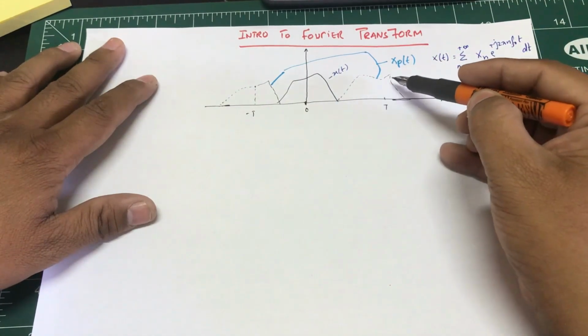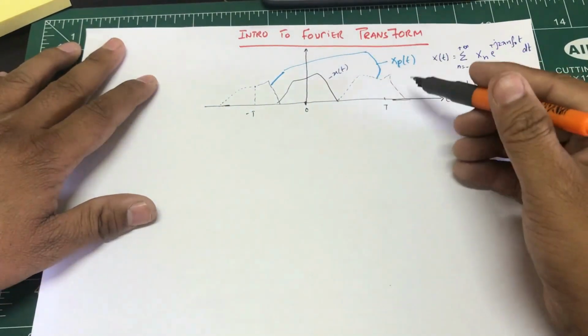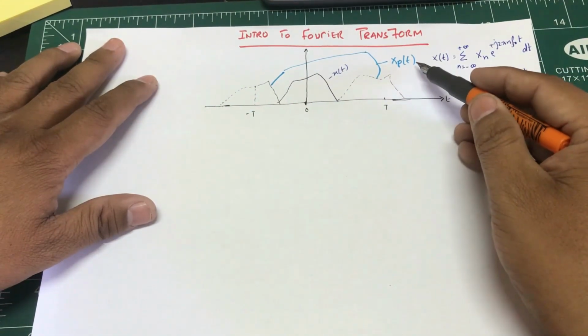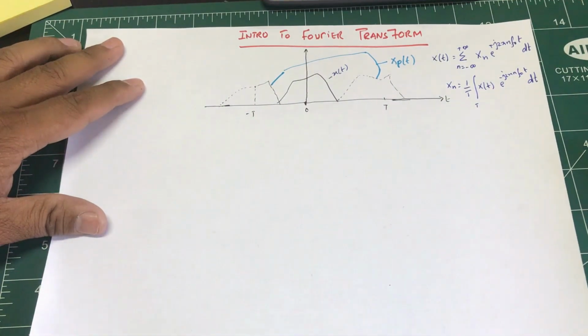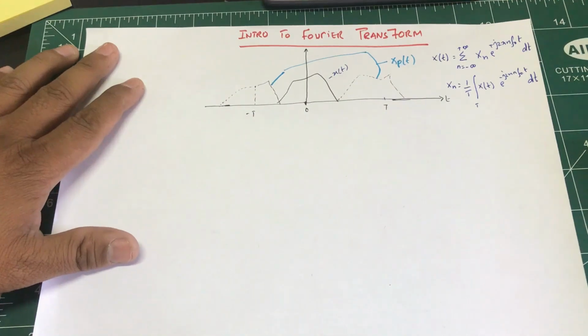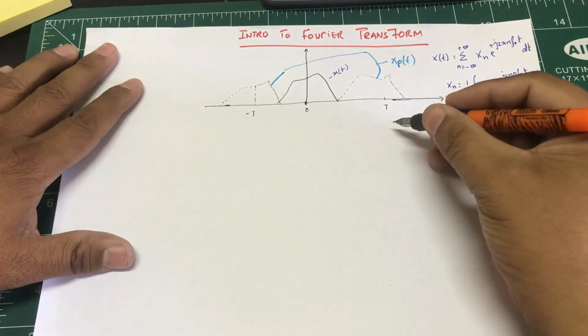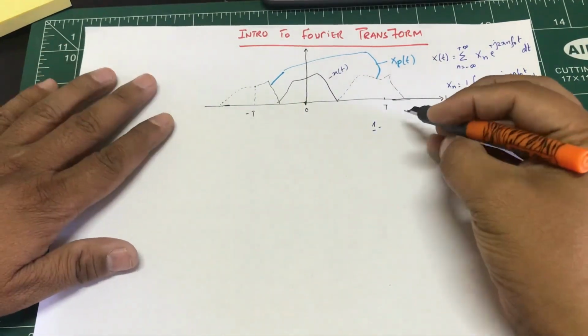We're making a periodic extension of this signal in both the negative side and positive side, and we're calling it xp of t. In reality it's an aperiodic signal, but we're assuming it's definitely going to repeat itself after a very long amount of time.